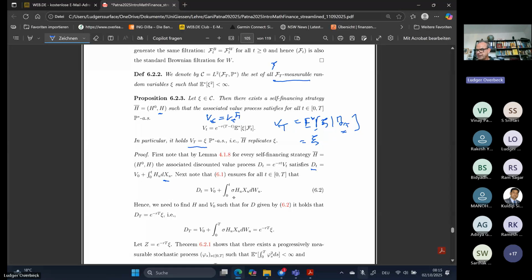And as we have seen, I showed this: dX_u equals sigma X_u dW, that's all under P. So we replace dX_u by sigma times X_u dW.